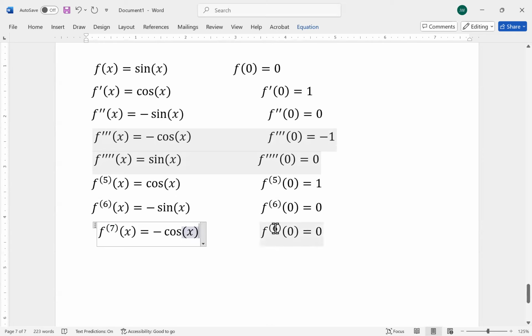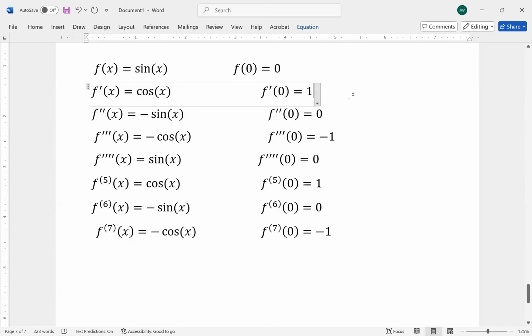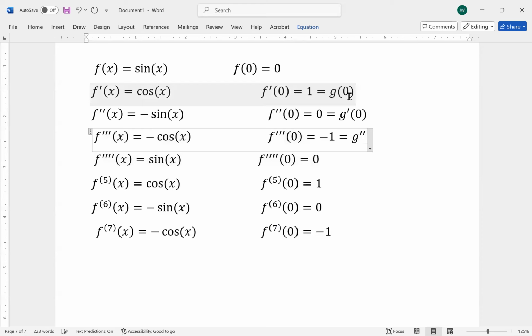When I plug in 0 into the seventh derivative, I get a -1. And I just moved the derivatives down 1 because now, again, this 1 will be my g of 0. This 0 will be my first derivative of g at 0. And this -1 will be my second derivative of g at 0. And so on and so forth. Third derivative 0, fourth derivative is 1, fifth derivative 0, sixth derivative is -1.